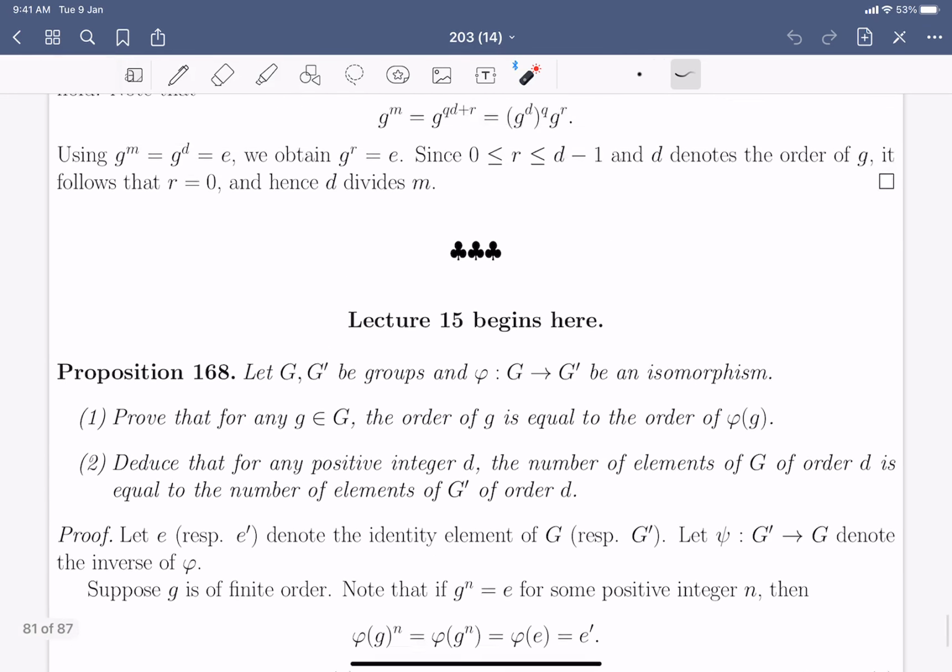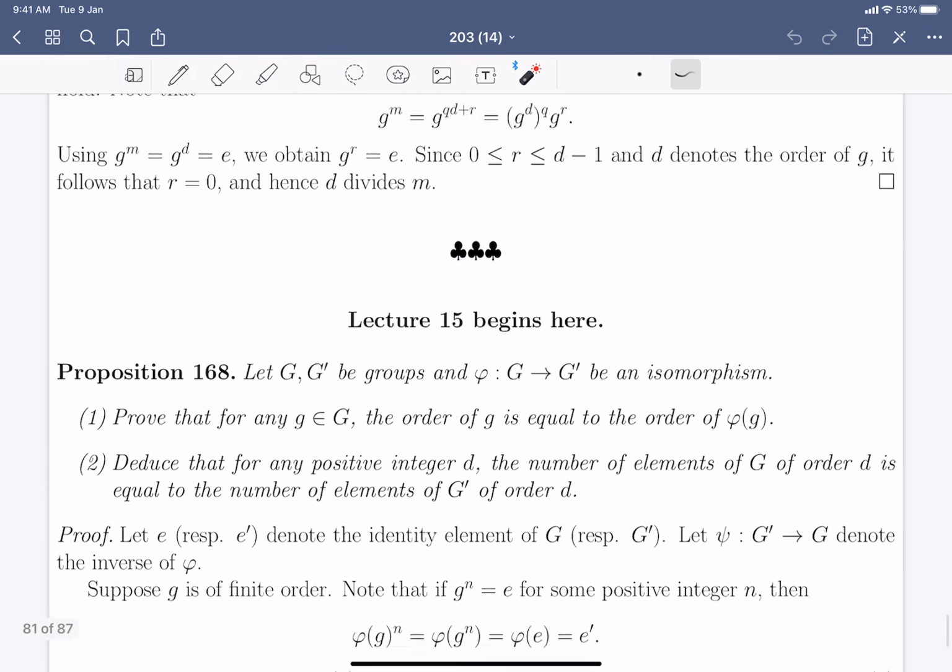There are orders of two elements that we are interested in here. One is the order of the element little g, which is an element of the group G. This is the least positive integer n such that g to the power n becomes the identity, and in the unavailability of any such positive integer n, we set it to be infinity.